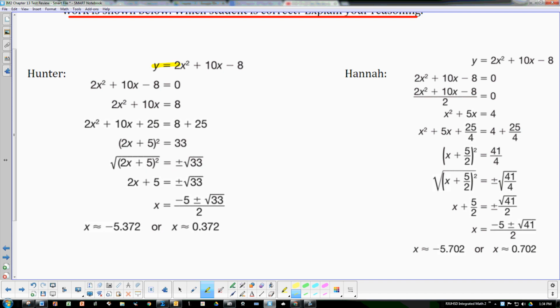So we start off seeing that it is a trinomial. You'll notice what we did was Hunter set 0 equal to y, correct? He substituted y and 0 in for y. Then it looks like he moved the 8 over. Everything looks good so far.